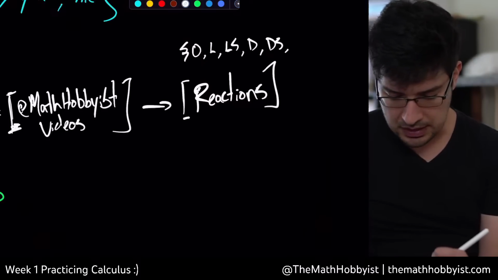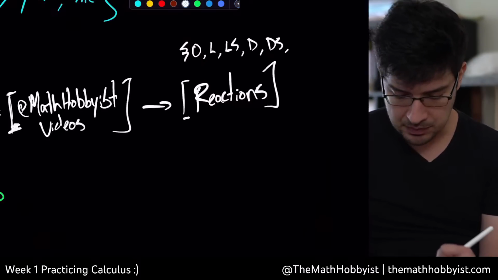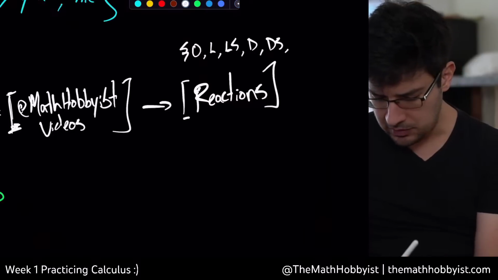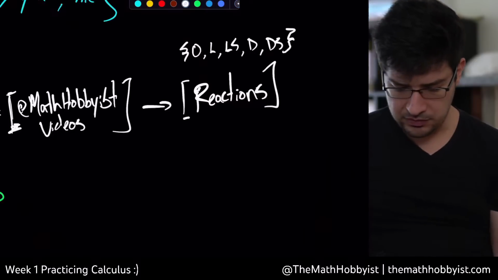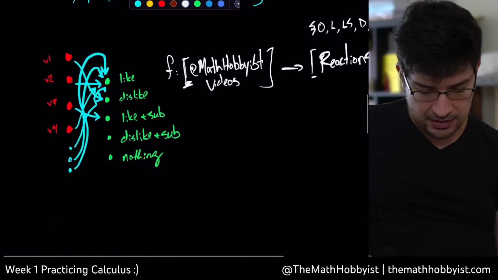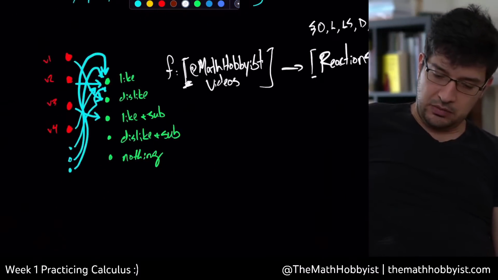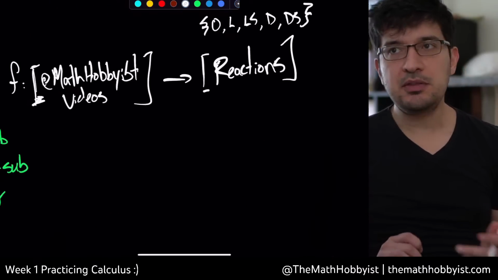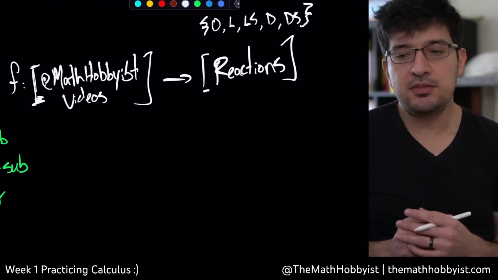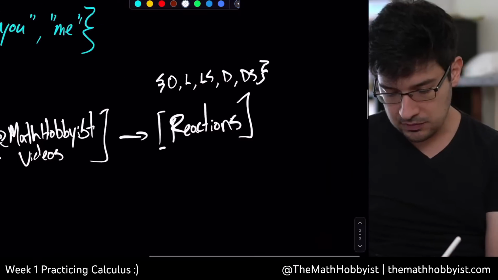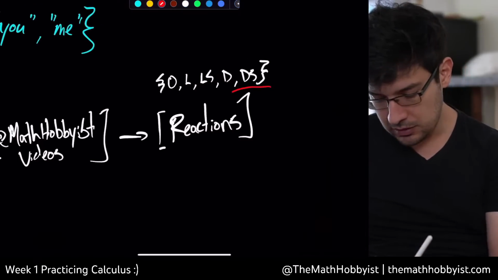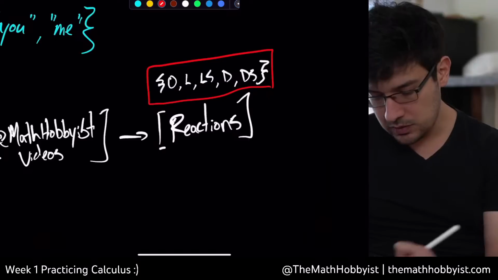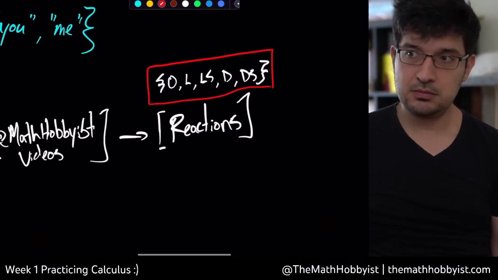What else? We're missing one, aren't we? Nope. Maybe that's it. I think that's it. There's 5 values in that space of reactions. And yeah, does that make sense? So your reaction to this video amongst all of these possible values is a function.